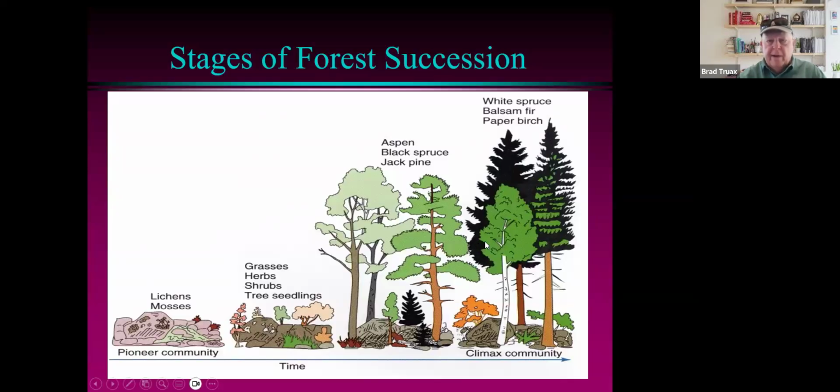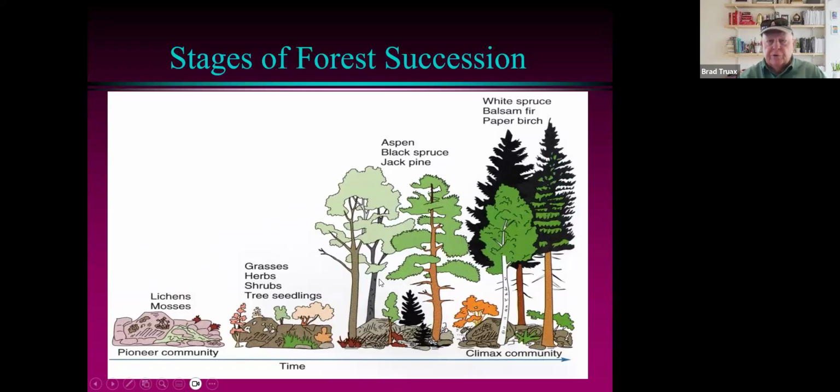This one is showing primary succession, where at the beginning, on these rocks and areas that did not have vegetation, all of a sudden you have some lichen and some mosses that are pioneer species. Shortly after that, you'll start to get some grasses, herbs, some small shrubs, and some tree seedlings.